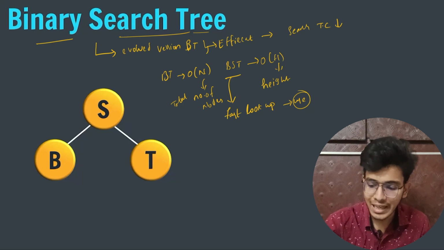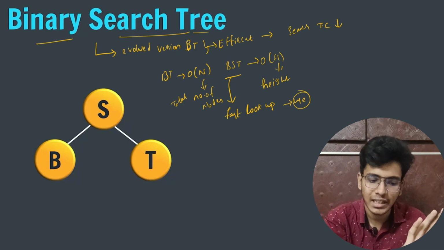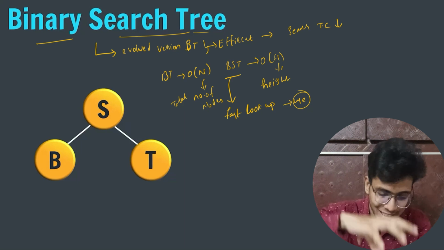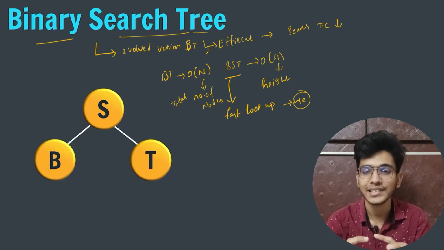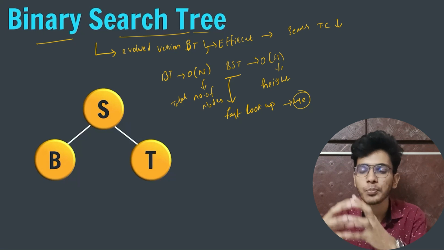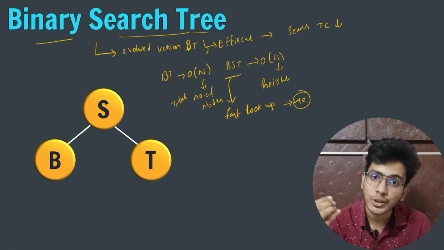I said that along with the properties of binary tree, we add some additional properties, and because of these combined properties, a BST becomes much more efficient. Now what are these properties?